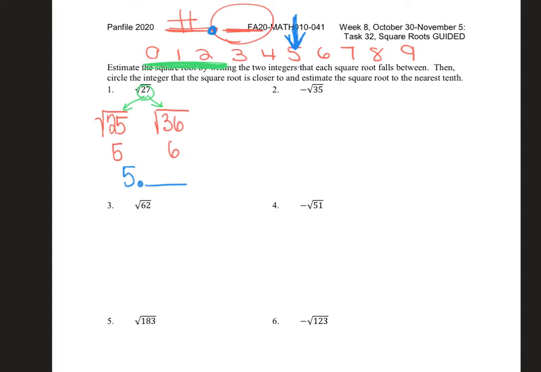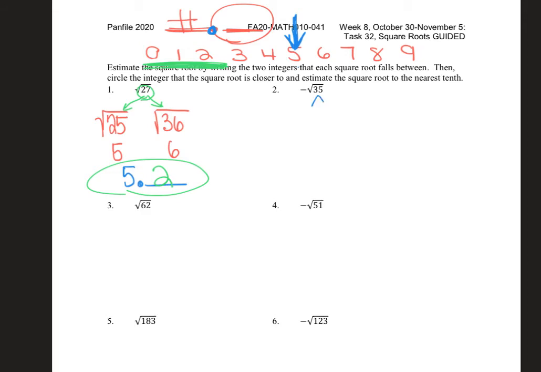So 5.0, 5.1, 5.2. I think it's probably right around 5.2, and that's going to be my best guess. Now, your best guess might not be exactly my best guess, but as long as you're on the right side of 0.5 and you're kind of there, then you're good to go. Okay, let's do the next one.